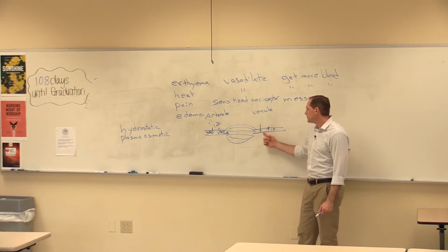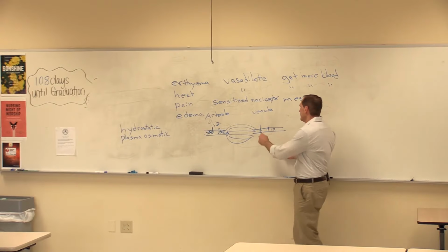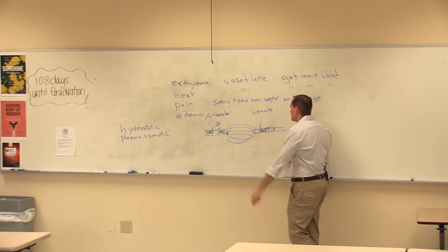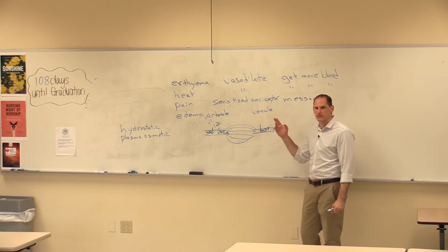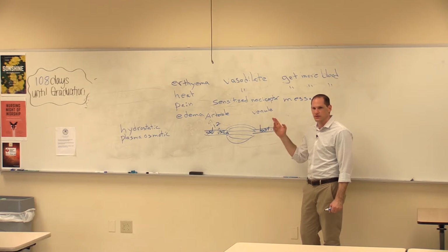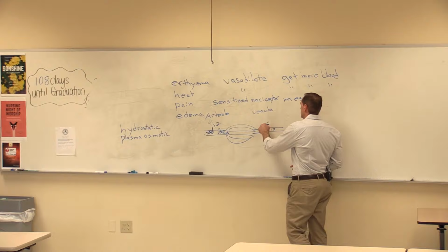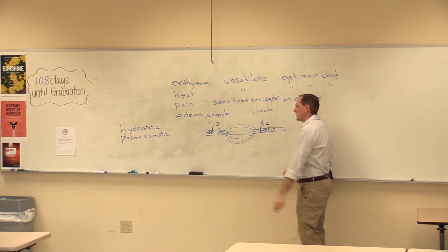So what's the osmotic pressure over here? It's the same. So 25 pulling in. So if you take 25 minus 17, what do you get? 12? No, it's not right. About 8. And that's 8 going back in.